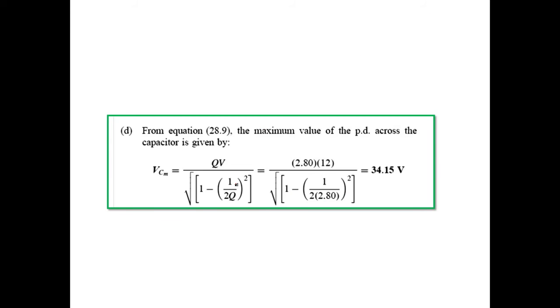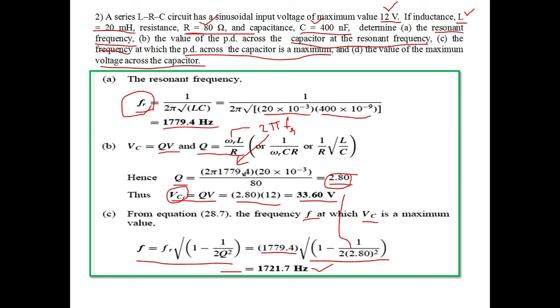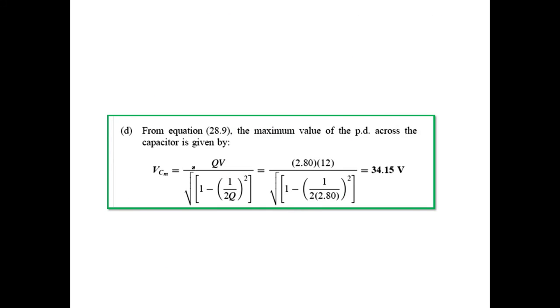Then last is to find the maximum value of the potential difference across the capacitor, which is equal to QV upon root of 1 minus 1 upon 2Q square. In the previous example we asked for the frequency at which Vc is a maximum, and here we ask for the maximum voltage drop across the capacitor.